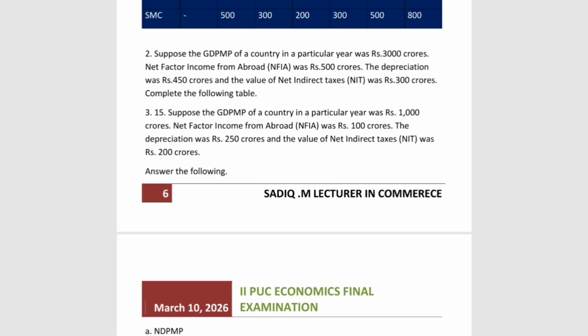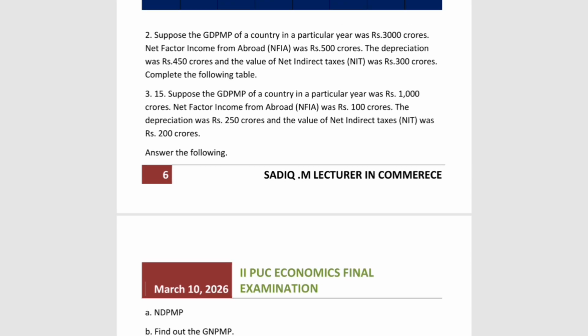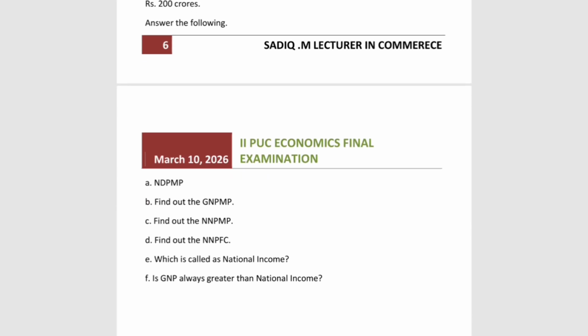The next question they have given is also from national income accounting. Suppose the GDP MP of a country in a particular year was rupees 1000 crores, net factor income from abroad 100 crores, the depreciation was rupees 250 crores, and the value of net indirect taxes was 200 crores. They will ask you to answer the following sub-questions.